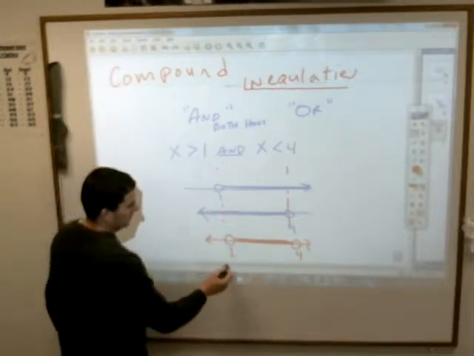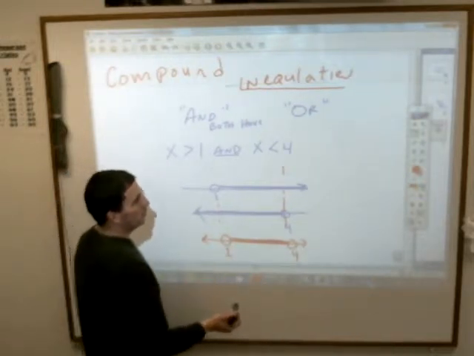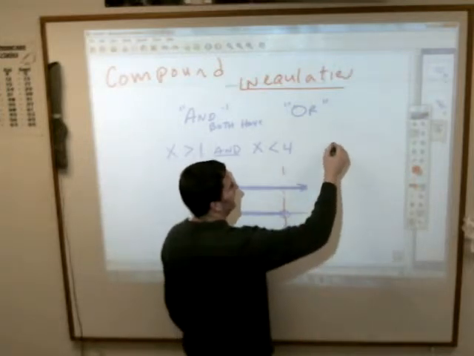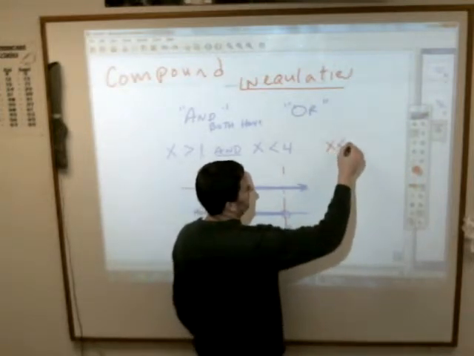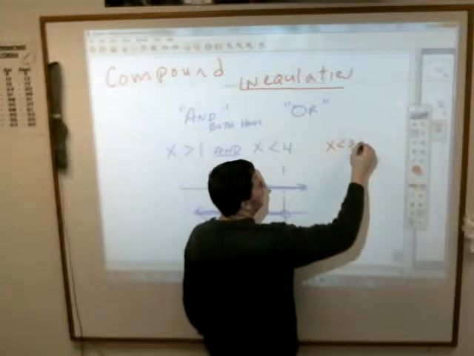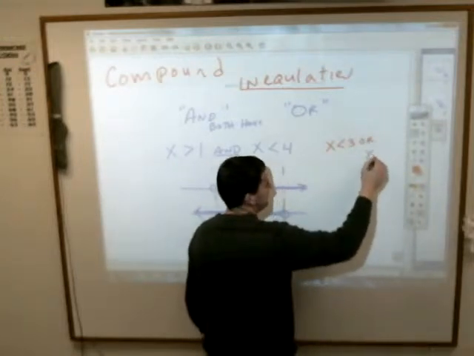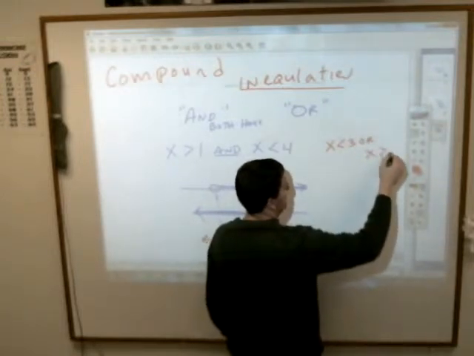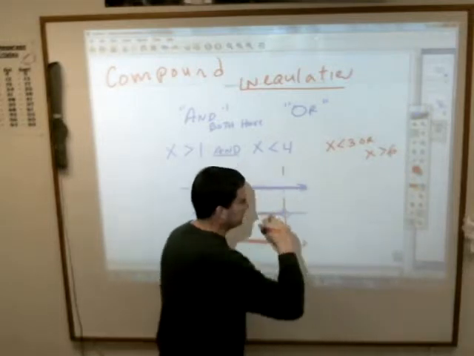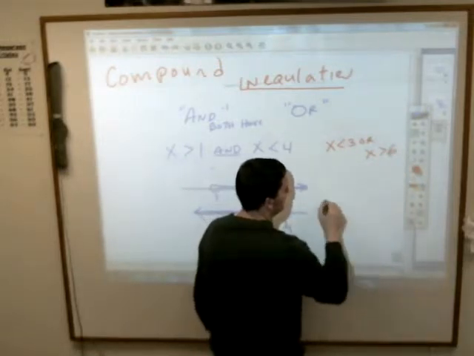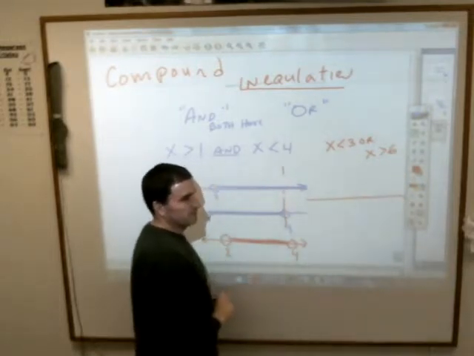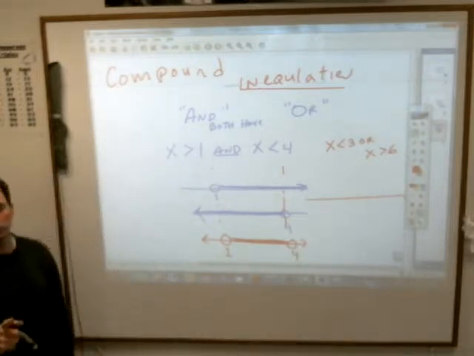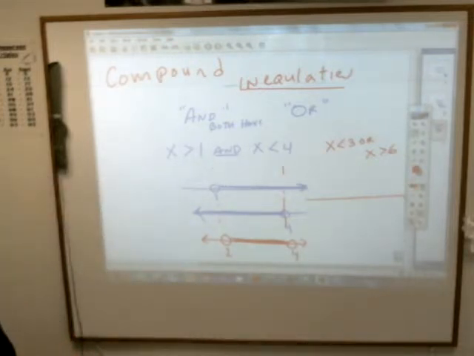As opposed to what an "or" is: if I said that X is less than 3 or X is greater than 6. If I use that word "or", what does that mean? That either one of them could be true. They don't both have to be true at the same time.